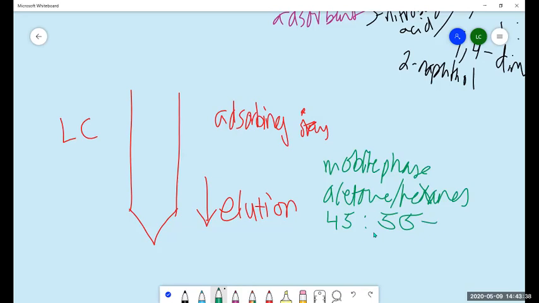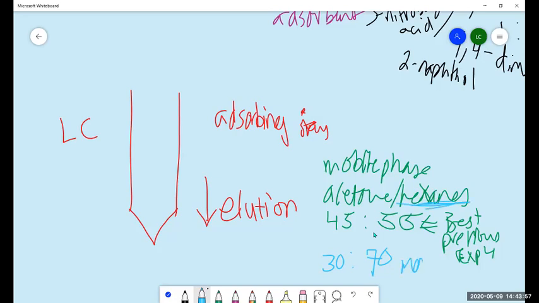And then, let's say we determined that from the previous week. Then you also tested something like 10-90 or maybe, let's just say 30-70, so something that has more hexanes, so more nonpolar.